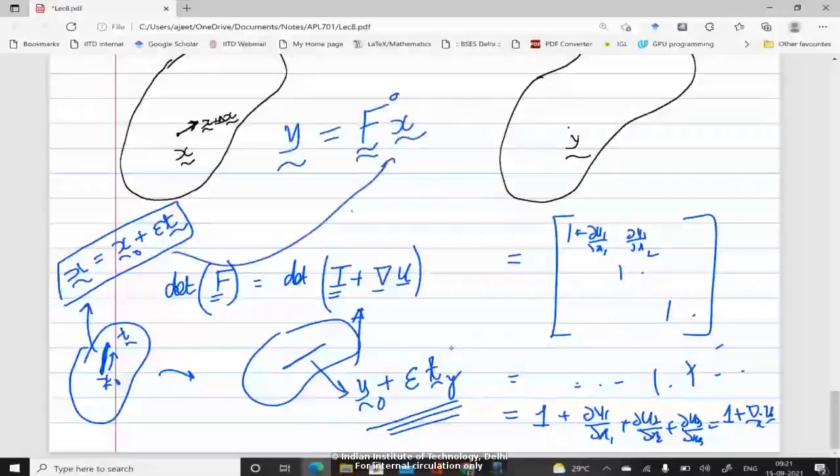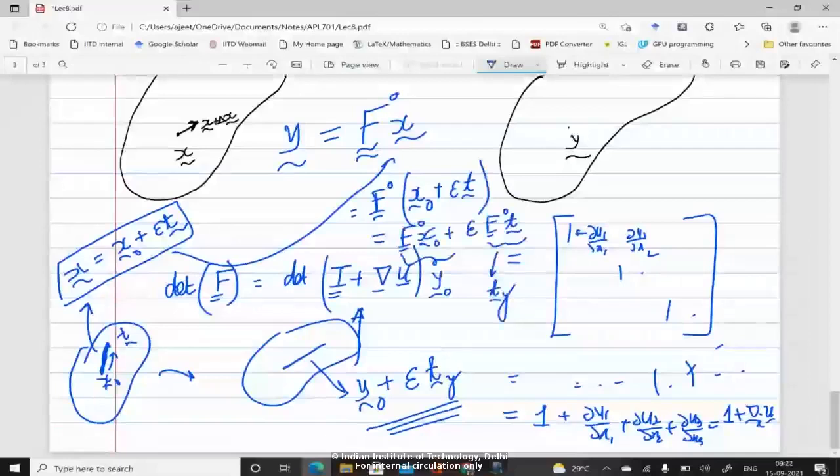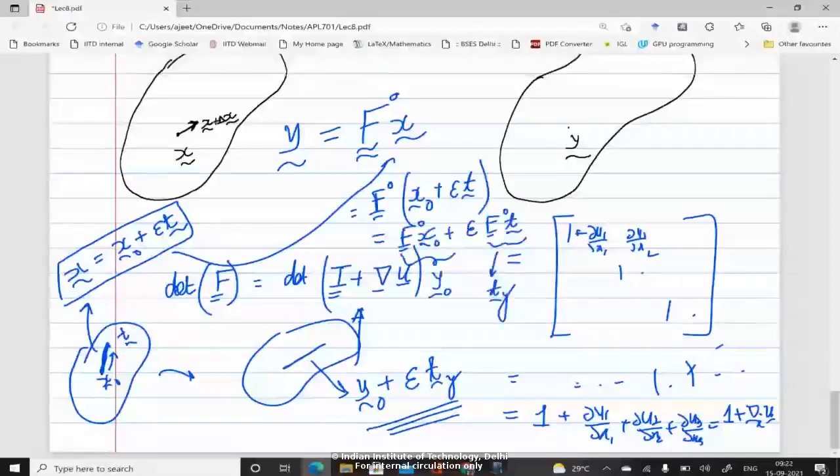So it becomes F naught into x naught plus epsilon t, which is equal to F naught x naught plus epsilon times F naught into t, right? So you can directly identify that this part is y naught and this part is t_y. So it is still in the form of a straight line. So a straight line remains a straight line, therefore.